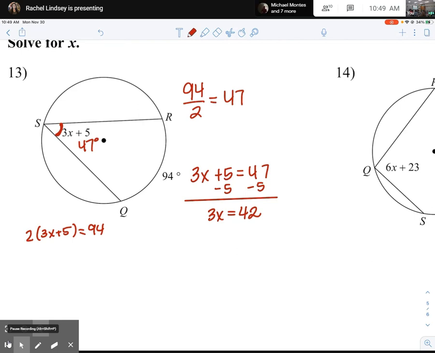And what is 42 divided by 3? 14. So x would be 14.